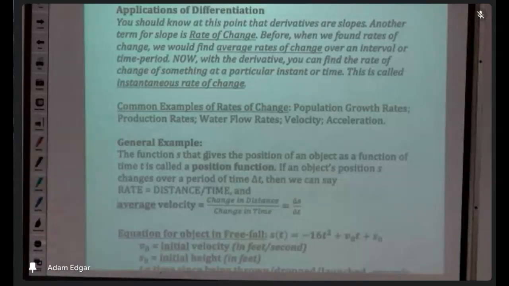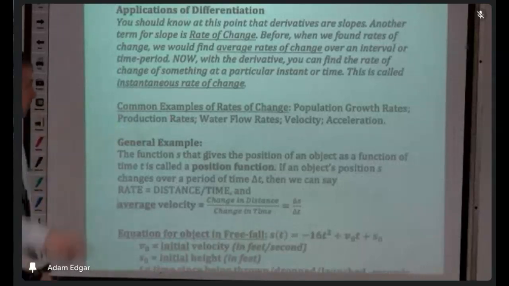Production rates is going to be something like producing things on the factory floor, like making cars or making shoes at a sweatshop or something. And how many? They don't have to be cheerful examples. Like how many sneakers do you make per hour, right? That's a production rate. Or water flow rates, you turn on the faucet, water comes out. And you turn on the faucet some more and water comes out faster. So that's a water flow rate.